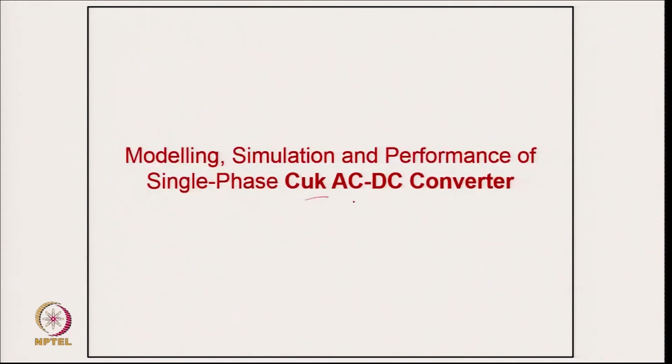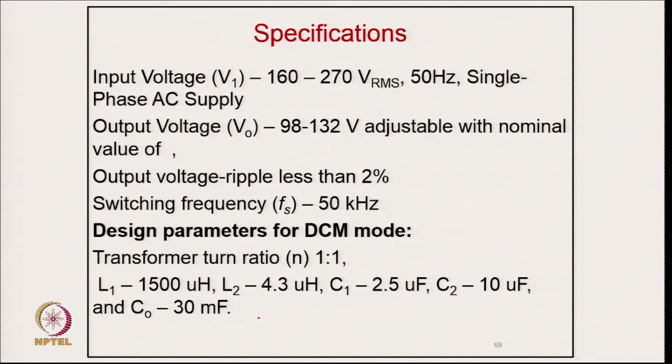Now, coming to the Cuk converter, the modeling and simulation performance. Let us say the input voltage is 160 to 270 volt, 50 hertz, and the output voltage is 98 to 132 volt with a nominal voltage of 120 volt, and ripple output is 2%, at 50 kilohertz, and turns ratio is 1 to 1. These are the designs corresponding to DCM.